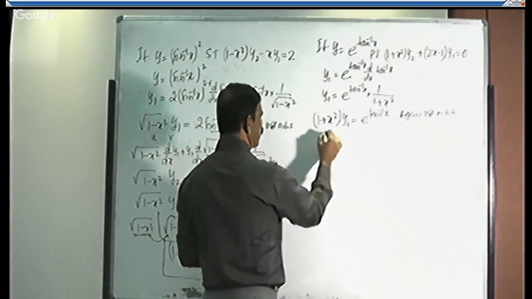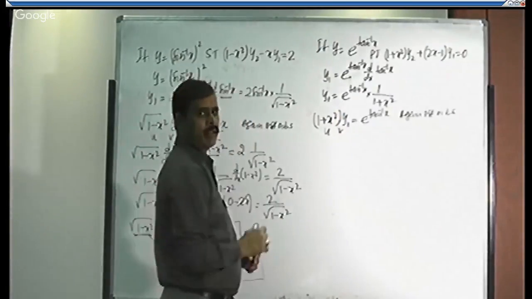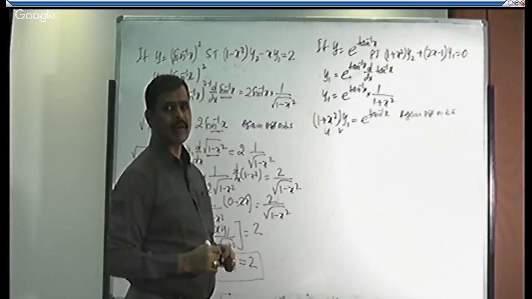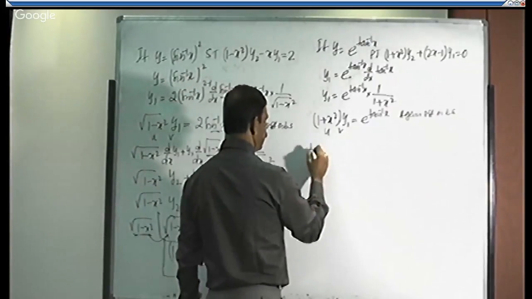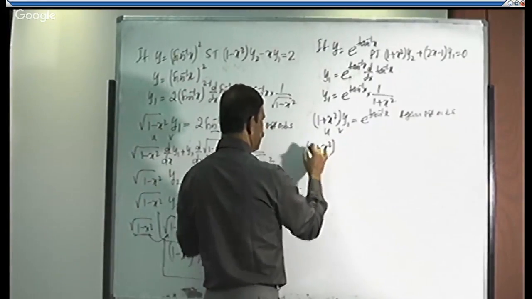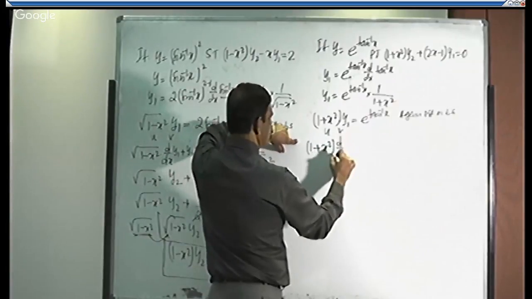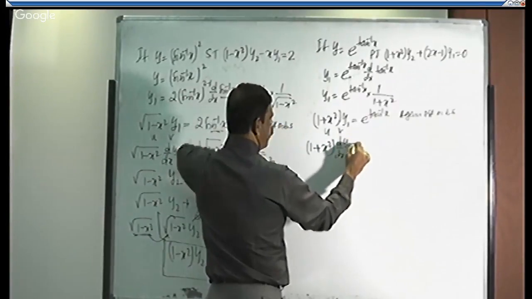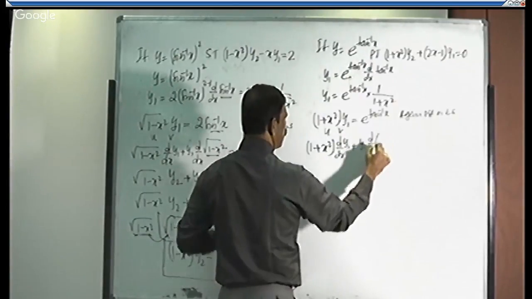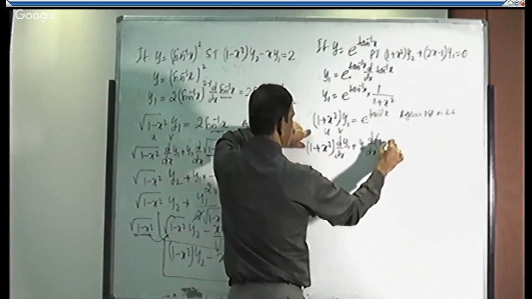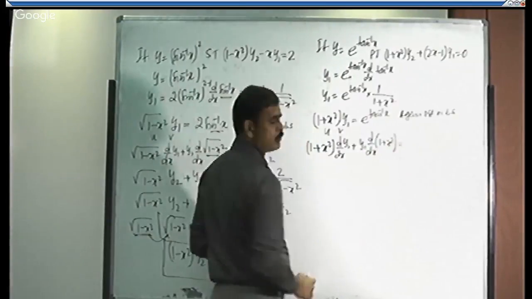What you will get? Observe here. The left hand side term is what? It is product of two terms. Use product rule. U into v. 1 plus x square into d by dx of y1 plus y1 into d by dx of u, it is 1 plus x square, is equal to.